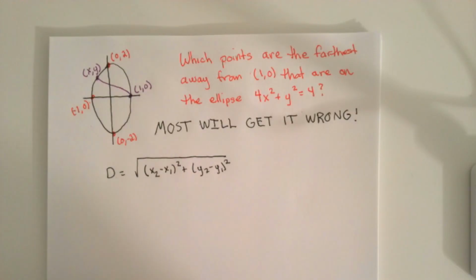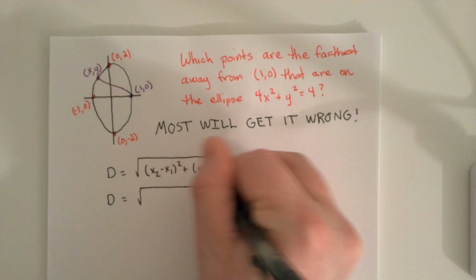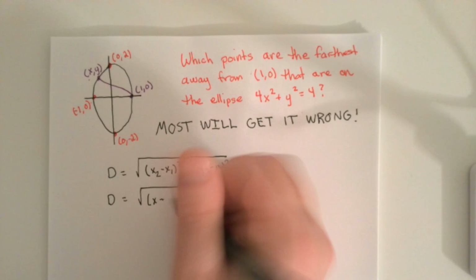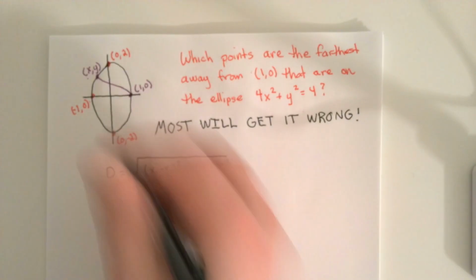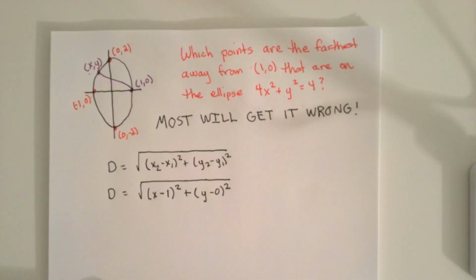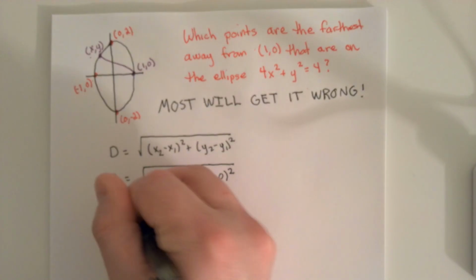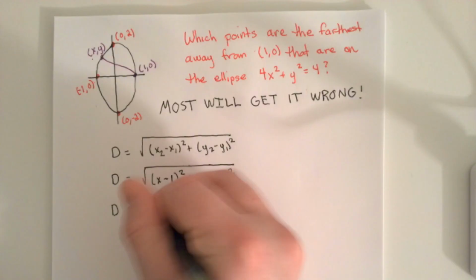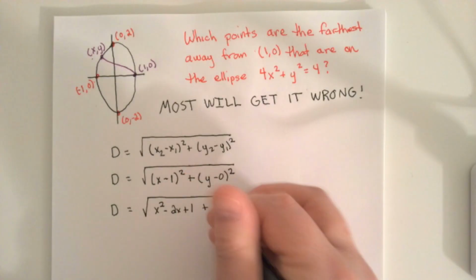That's all it is. Okay, so what we get is d is equal to the square root of (x minus 1) squared plus (y minus 0) squared. If we simplify this a little bit, we get d is the square root of x squared minus 2x plus 1 plus (y minus 0) squared.